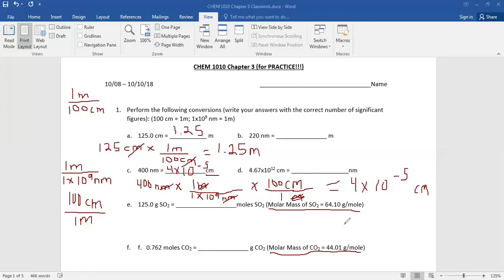And so if we know the number of grams of a substance, and we want to convert from grams to moles, and moles are often abbreviated MOL, then what we'll do is divide by the molar mass.